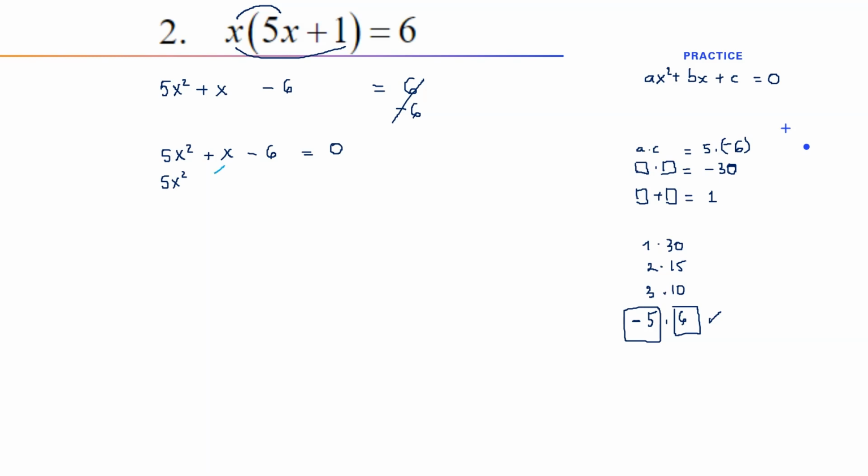Remember, x is written in terms of minus 5x plus 6x, right? Minus 6 equals 0.